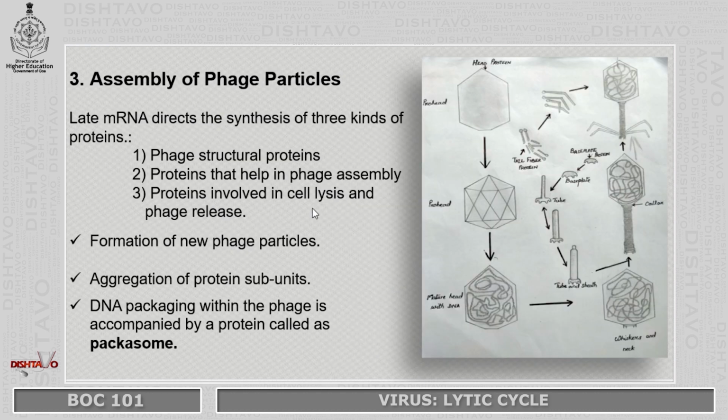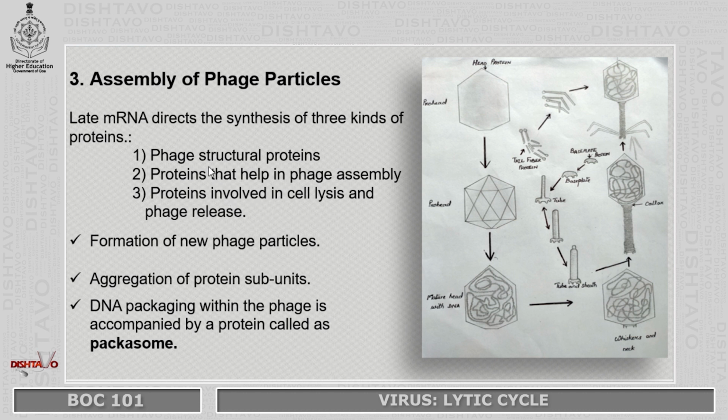Coming to the third step, we have the assembly of phage particles. Now, assembly of phage particles is a pretty complex process, but it is self-assembly with the help of some proteins and the host factors. For assembly of phage particles, the late mRNA comes into the picture, wherein it synthesizes three kinds of proteins, and all three are very important.